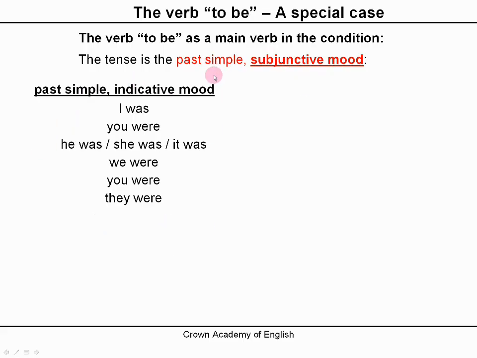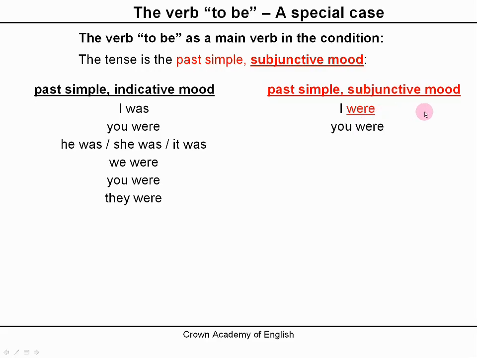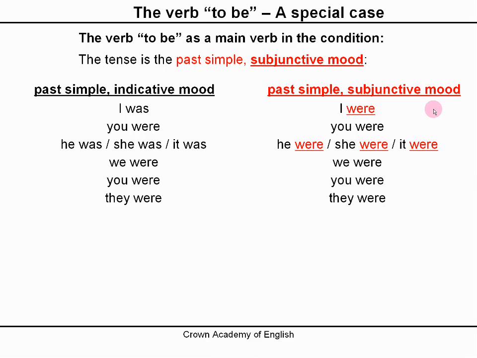Now let us look at the past simple subjunctive mood. And here you will see a few differences. I were, you were, he were, she were, it were, we were, you were, and they were.